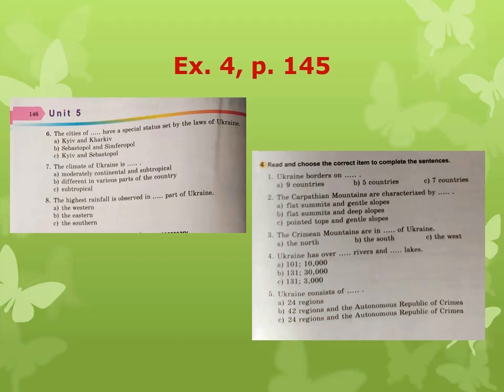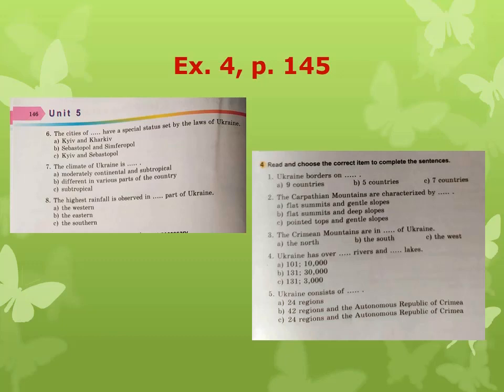3. The Crimean Mountains are in A. the north, B. the south, C. the west of Ukraine. 4. Ukraine has over A. 101, B. 131, C. 131 rivers and A. 10,000, B. 30,000, C. 3,000 lakes. 5.